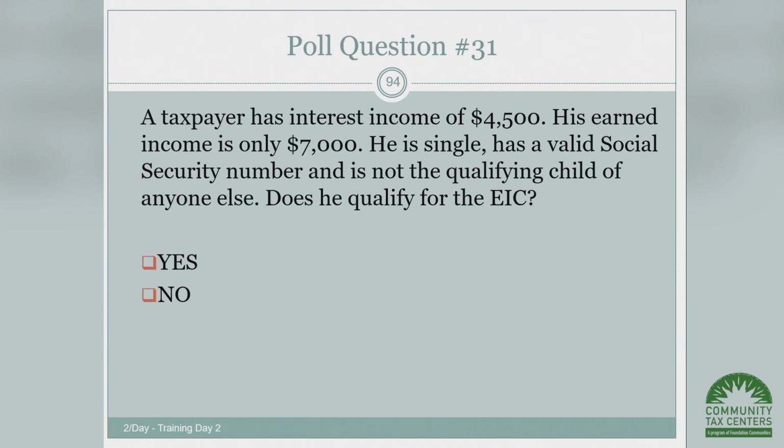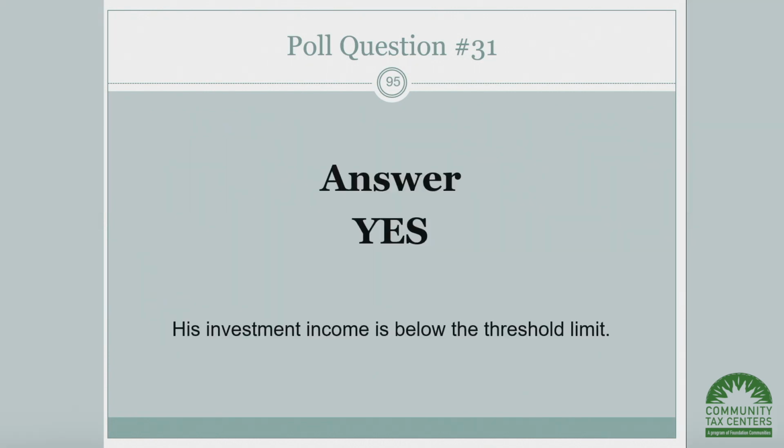And why is that? Well, his interest income is below 11,000, so that's fine. His income is under 17,640 with no qualifying children. So he is within the range to receive EIC based on his income. So the answer is yes. It's below the threshold limit for a single person with no children.